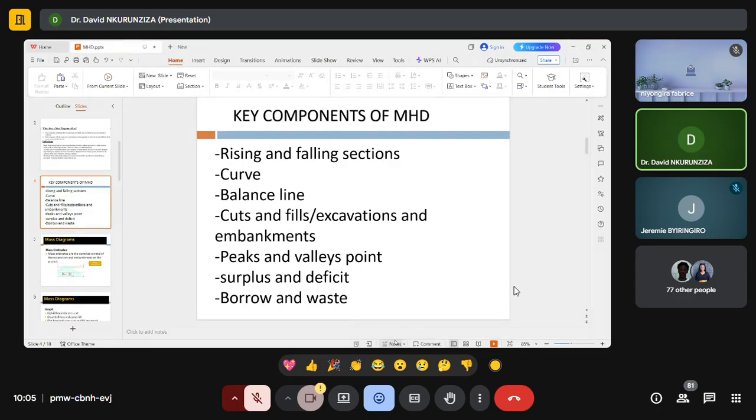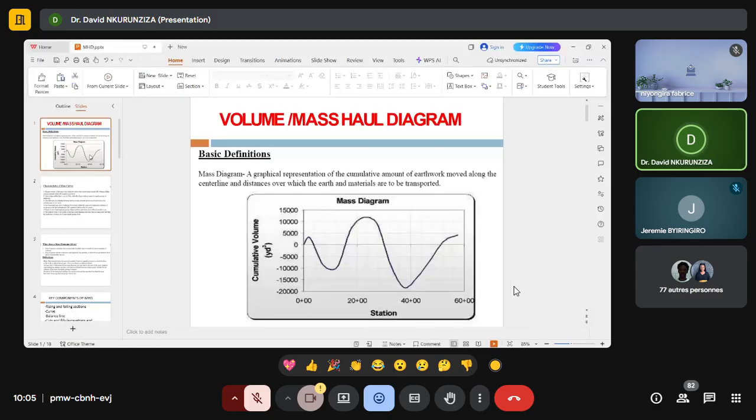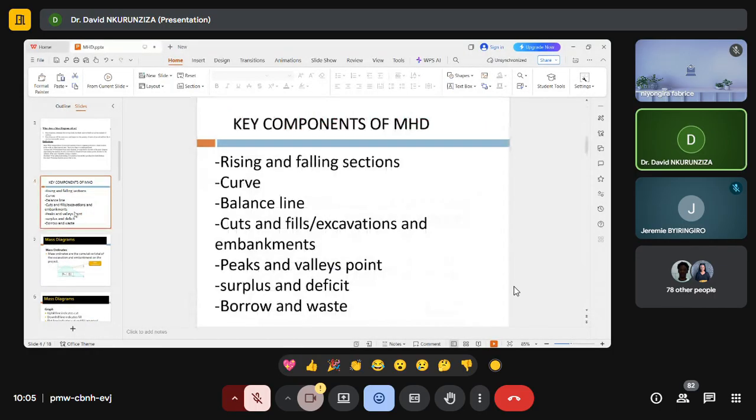Another diagram, maybe this one. This is rising, this is rising, this is rising, this is falling, falling. Okay?